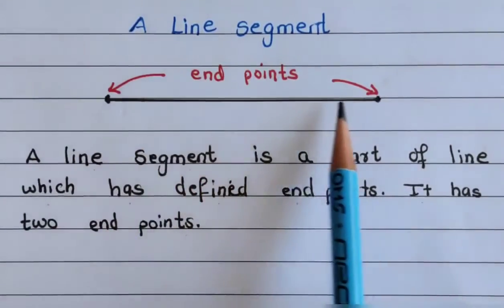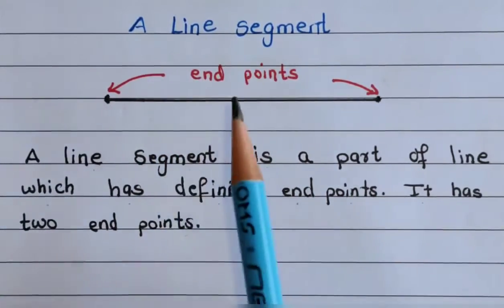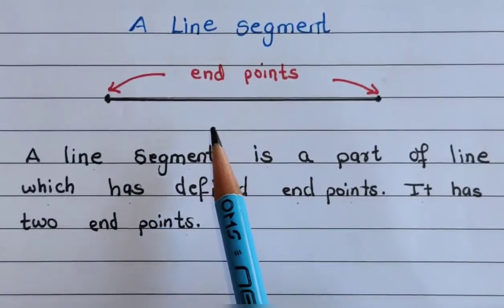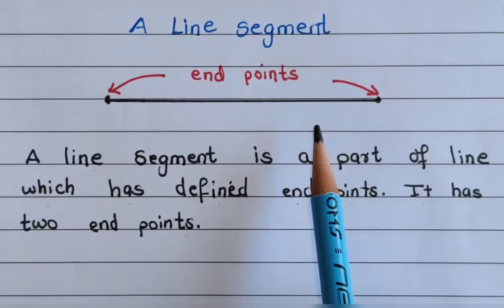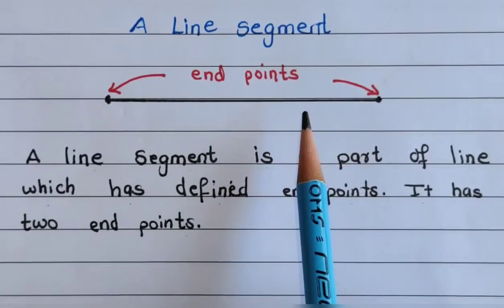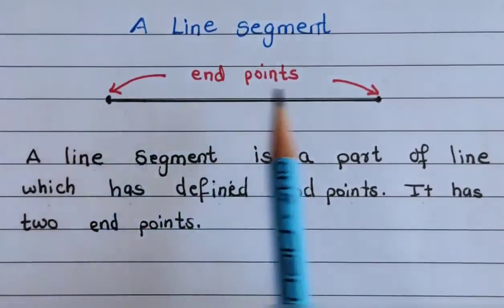So this is a part of a line. So what is a segment? Segment means only a part. So this much part is actually taken from the line. That's why it is called a segment of the line, that is line segment, which has definite endpoints.